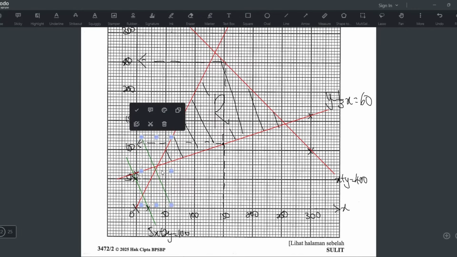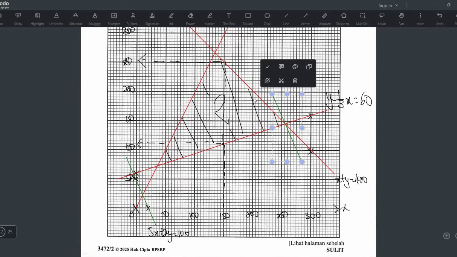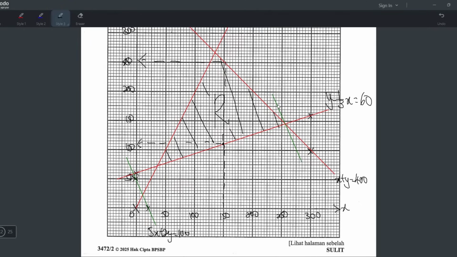When it reaches here, that's when it touches the first corner. But there are two more corners here, so we keep going until we reach the maximum. Until here, this is not the maximum because there is still shaded region, so you keep sliding until here. When you reach there, you draw a dotted line here.